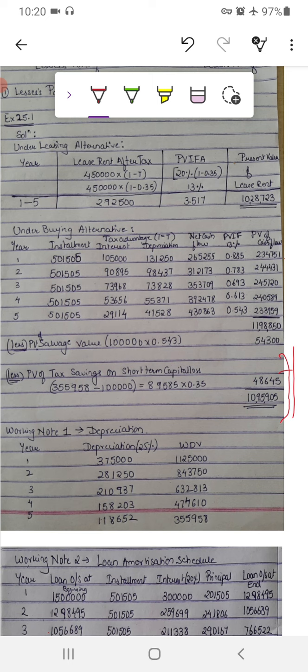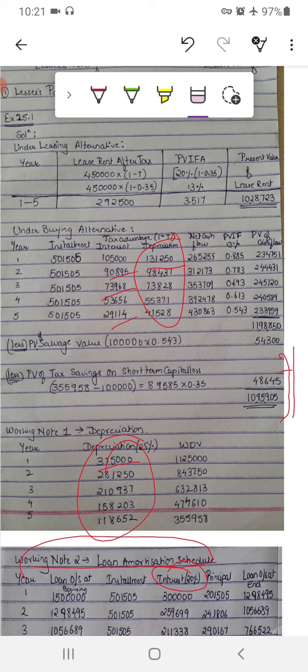Okay, so I'll repeat. First you have to take the installment which you have already calculated. Then you take interest after tax. Here you have calculated interest, and here you have to take interest after tax. Then you have calculated depreciation here, but here you have to take depreciation after tax. So 3,75,000 into 1 minus t gives you 1,31,250.